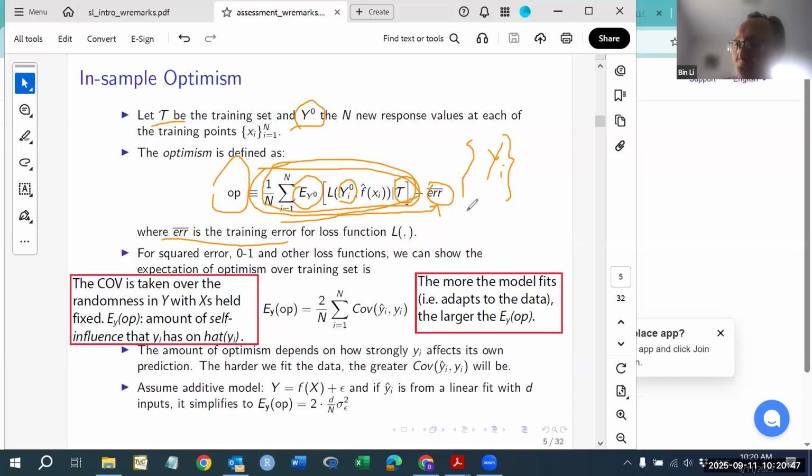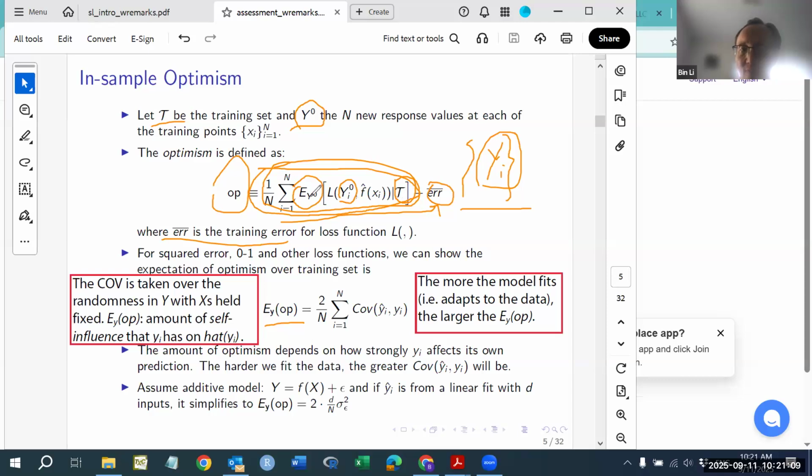If I change the training set, change the yi's, this will also change. The model will change. Of course, everything will change. So this is also a random variable. So this is the expected value for the optimism in terms of the yi's on the training set.